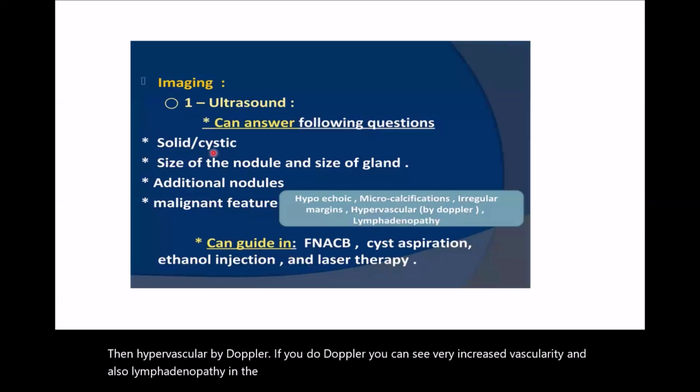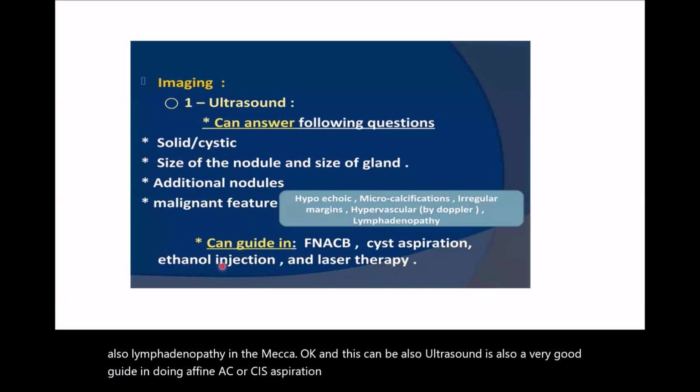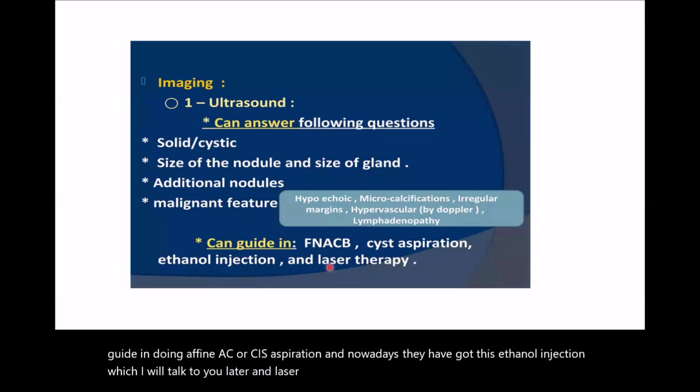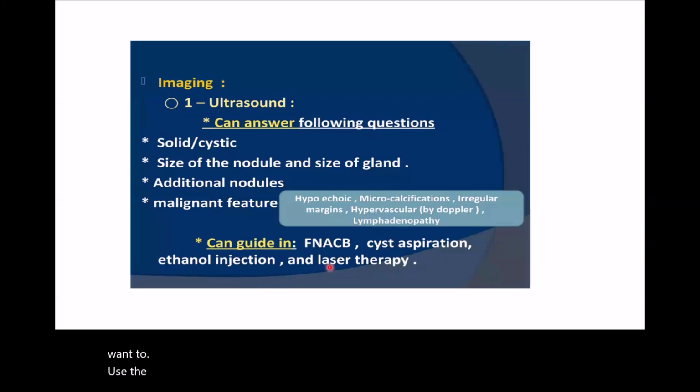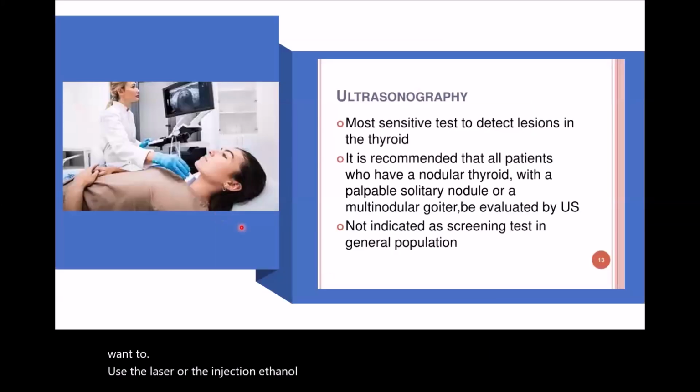Ultrasound is also a very good guide in doing an FNAC or cyst aspiration. And nowadays they have this ethanol injection, which I'll talk to you about later, and laser therapy, which can localize for you the lesion where you want to use the laser or the ethanol injection.